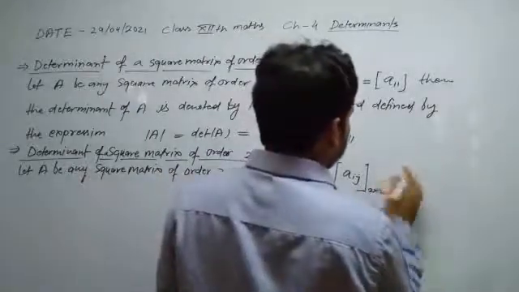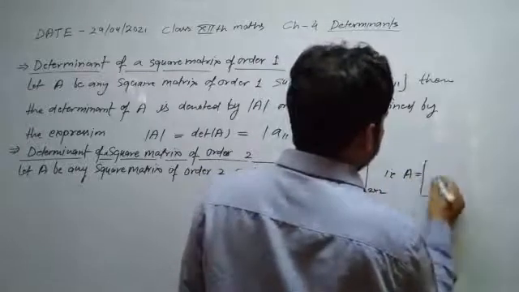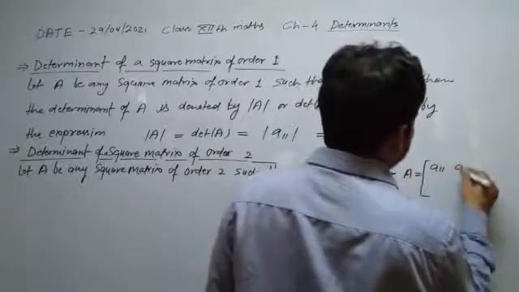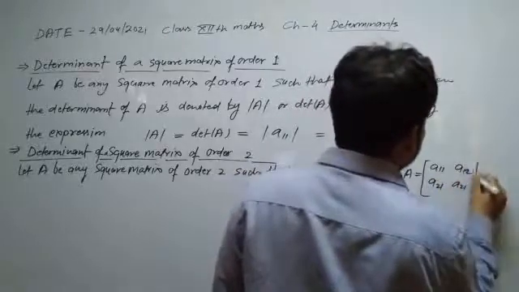That is, A is equal to A11, A12, A21, A22.